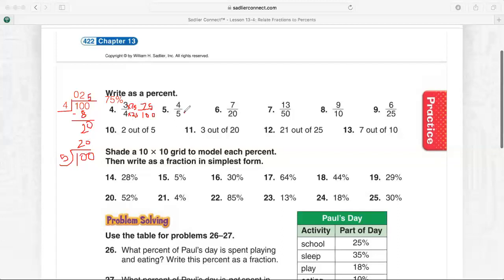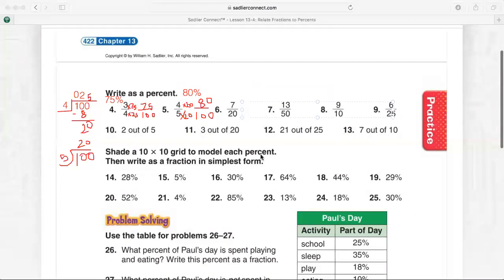So I'm going to multiply the denominator by 20 and the numerator by 20. So now I got 100 in the denominator and in the numerator I got 80. So now I can write my percent: 80%.